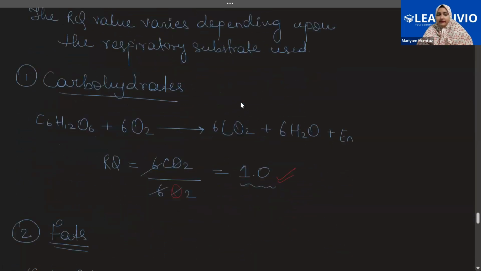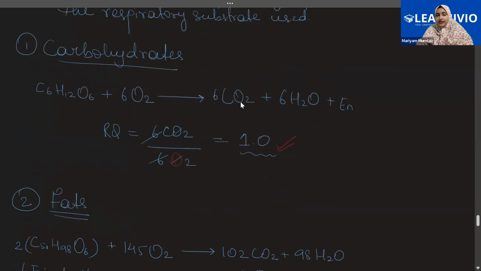For example, if we talk about carbohydrates, if you look at this reaction, C6H12O6, which is glucose, reacts with 6 molecules of oxygen and gives out 6 molecules of carbon dioxide. The amount of oxygen utilized and the carbon dioxide given out is the same. So the respiratory quotient for carbohydrates comes out to be 1.